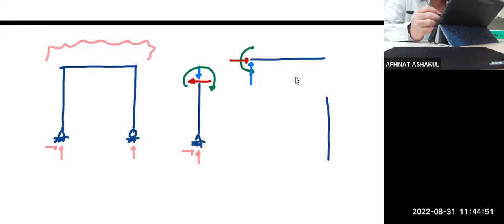Not very nice, but acceptable. Just look at the reaction you have. Because it's a roller, right? So that means you cannot have the horizontal reaction over there. Correct? It's a roller. So the only thing you can have is here.